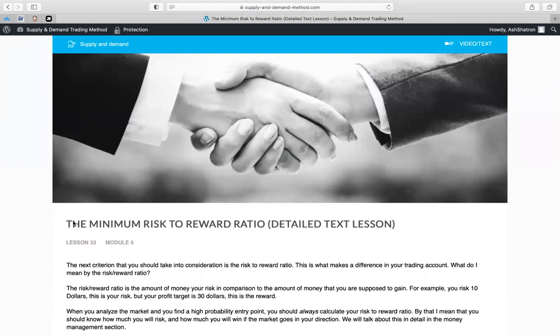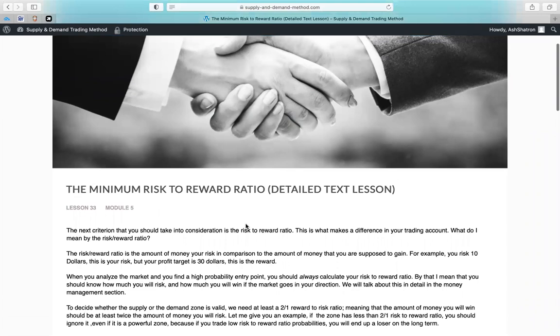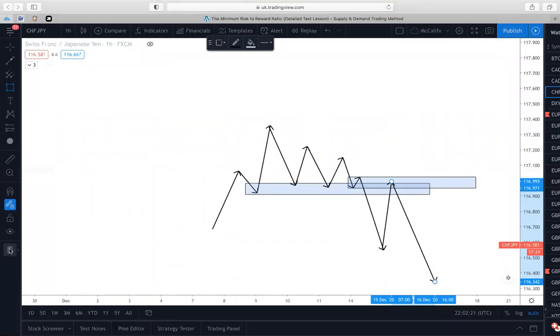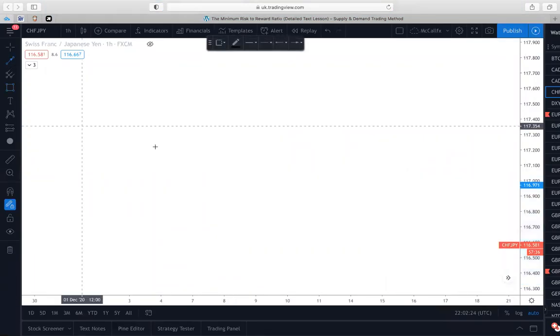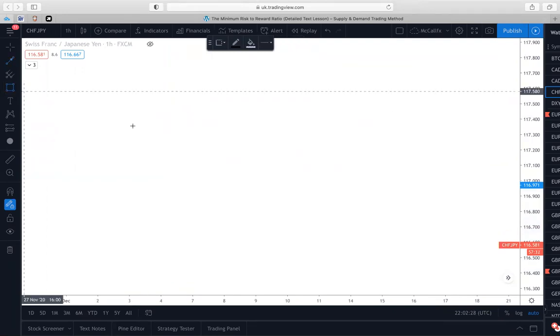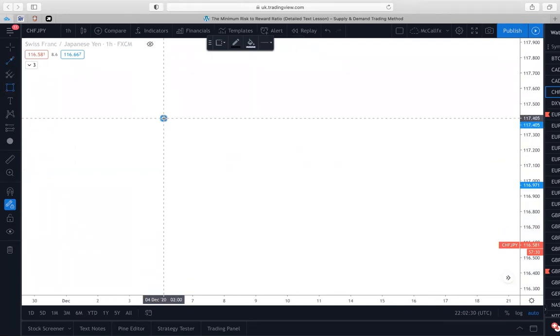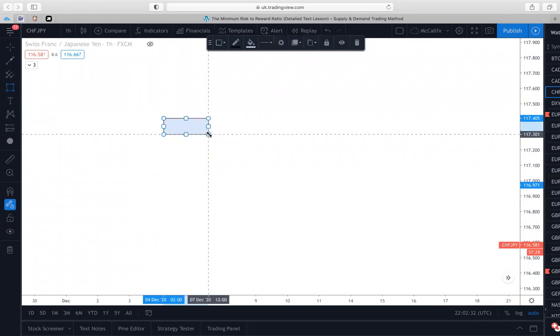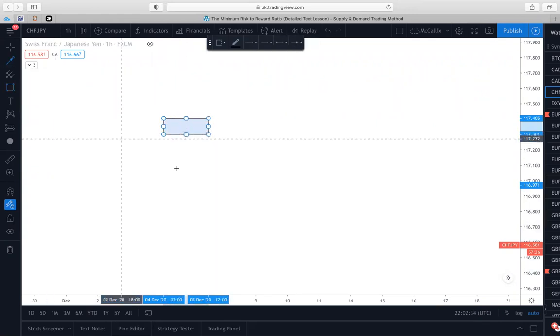All right, so the risk reward ratio. I think I spoke about this the last time, right? For the risk reward ratio, this is how it has to be. For every demand zone or supply zone, the move has to be three times your zone.